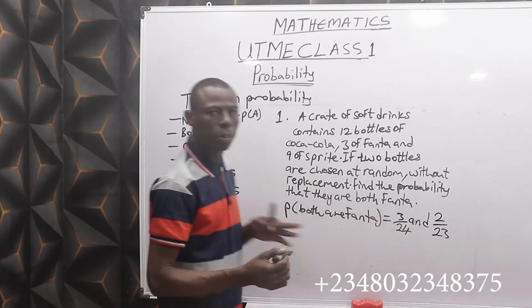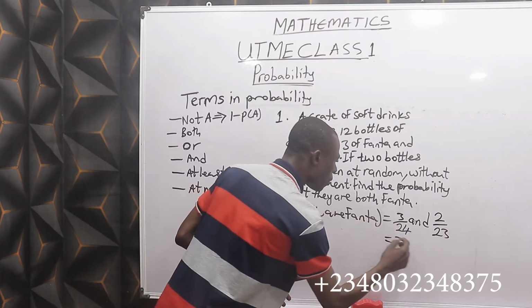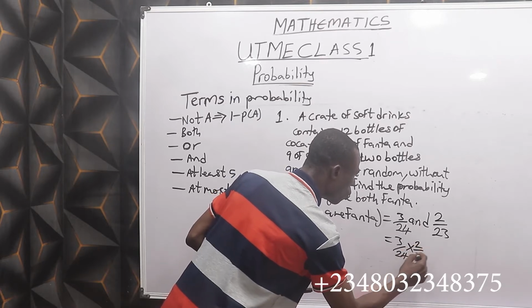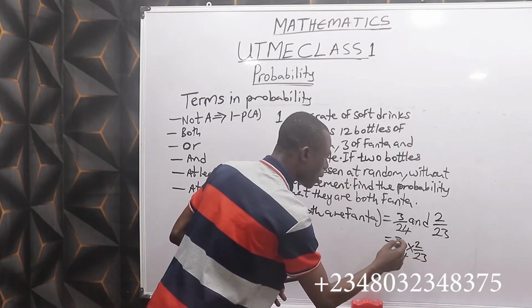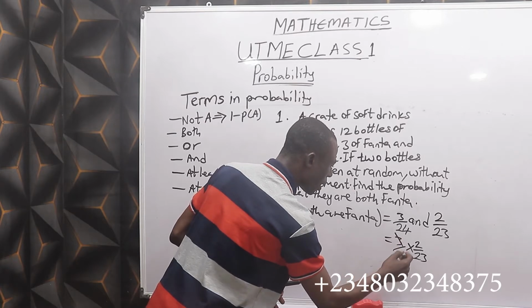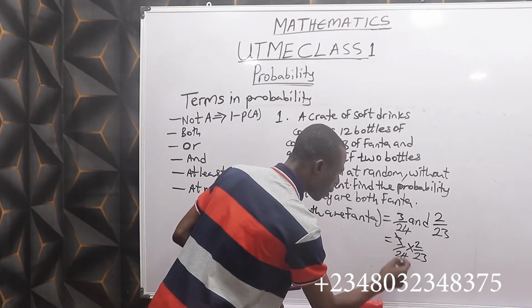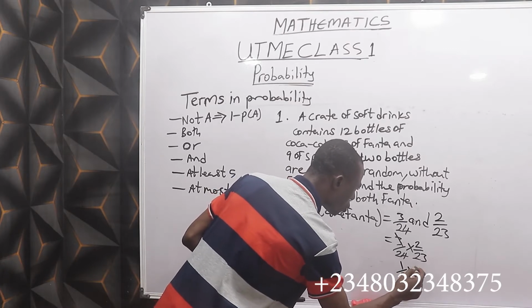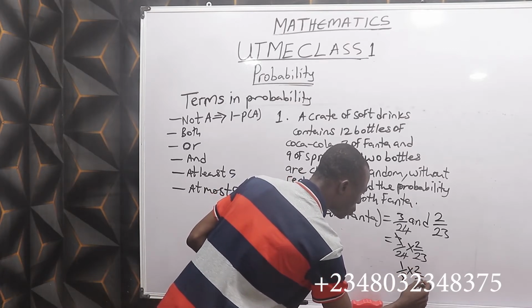The and is multiplication, so we have 3 over 24 times 2 over 23. Here, 3 in 3 is 1. 3 in 24 is 8, times 2 over 23.